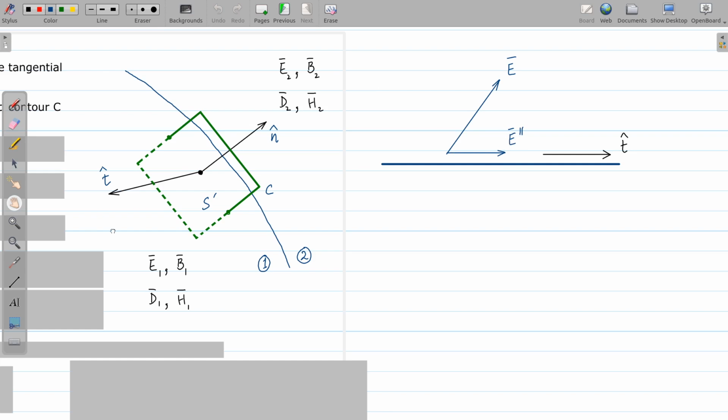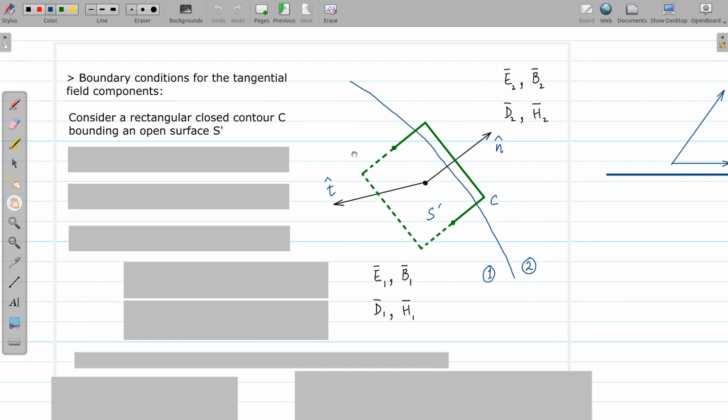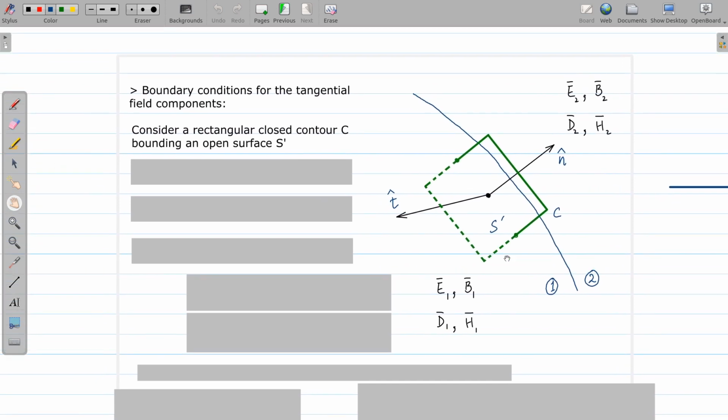Okay, so now this T is the tangential direction. We choose a contour which is perpendicular to the T as well as perpendicular to the surface itself, and this contour is called C, and the area that it encloses is S, and this contour is rectangular in shape. So now let's define certain quantities.